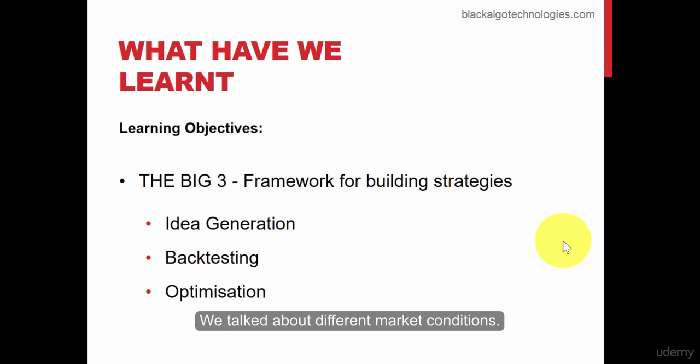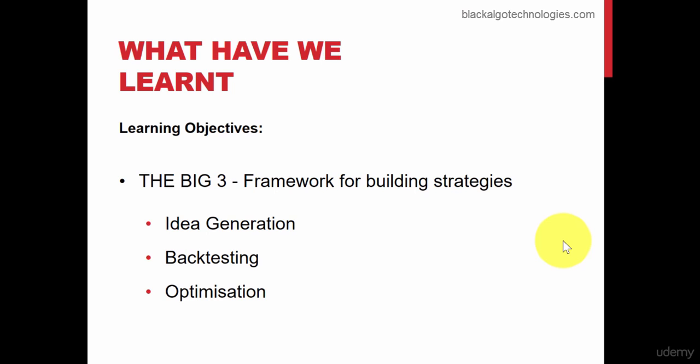We talked about different market conditions and to understand when our strategy performs. And we looked at strategic market conditions. This entails market conditions with certain characteristics that enable our strategy to work.